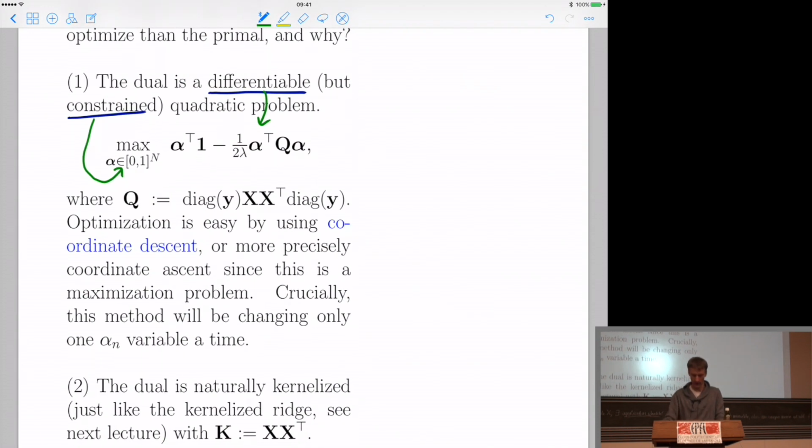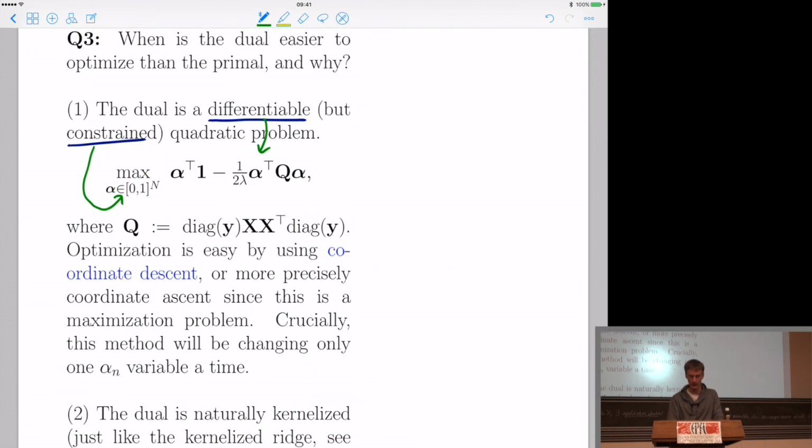Later on, the algorithm you're going to see, which will make it easier to solve, is coordinate descent. It's quite easy to imagine what it is. It's even easier than stochastic gradient descent. What it means is you don't care about all the coordinates, but only about one.